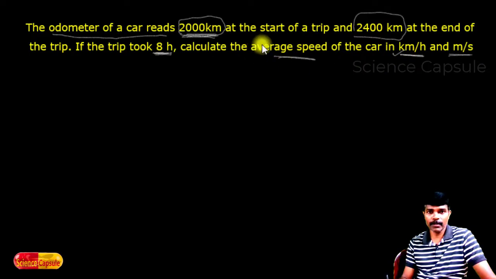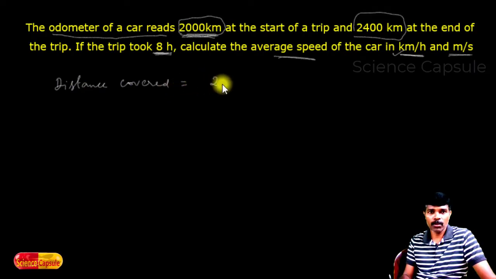First things first, we have to extract the values. The total distance covered, how can we write? Final distance minus initial distance, isn't it? So here we write distance covered is equal to 2400 kilometer minus 2000 kilometer.